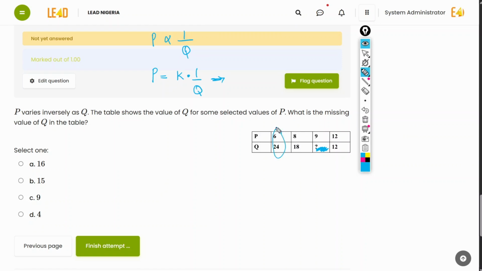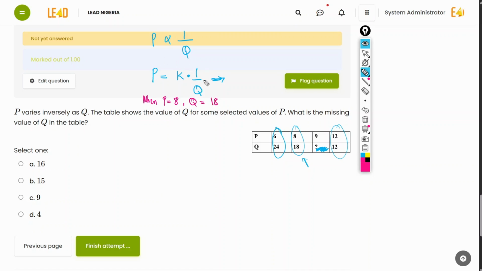I can use any of the relationships that we have here. I would use 8 and 18, because it's kind of in the middle, so I will just use that. So I can substitute that in, because this says that when P is equal to 8, Q is equal to 18.